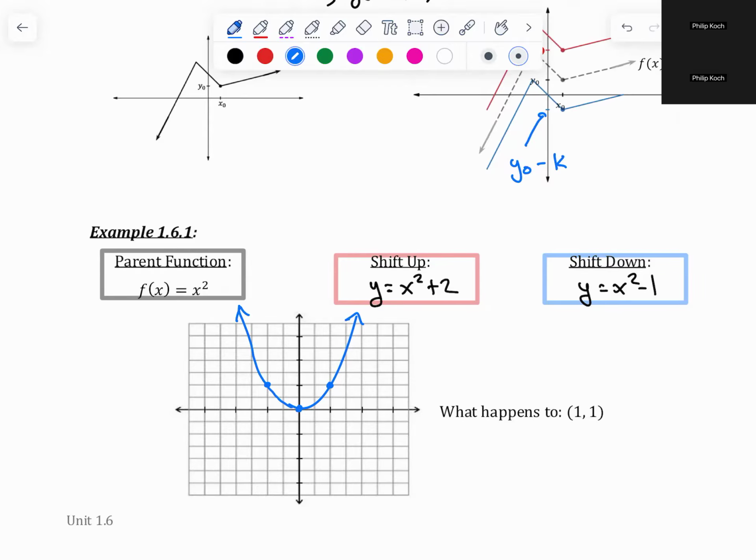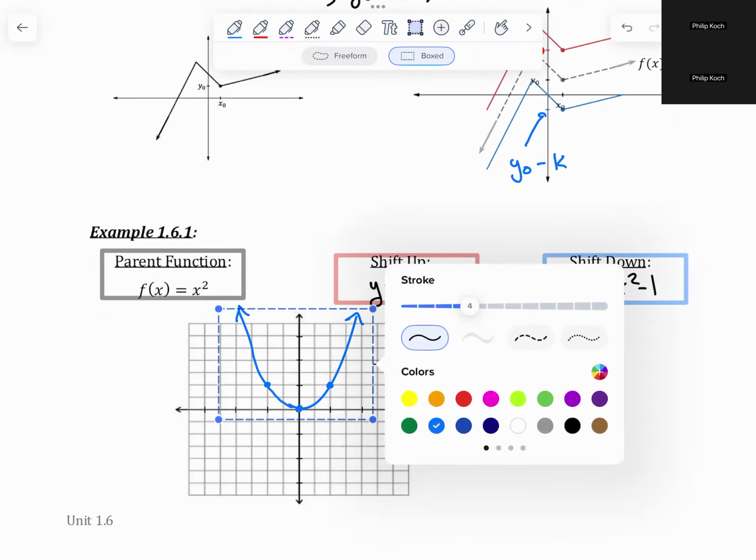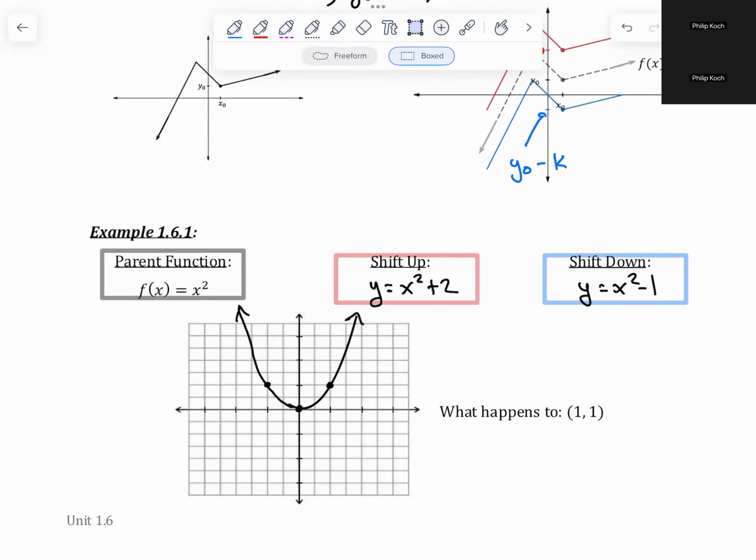Oh, I should have made that in black. I'm sorry. That's the original parent function. Every x to the second power or x to an even power always makes a U shape and always has the points negative 1, 1, 0, 0, and 1, 1.